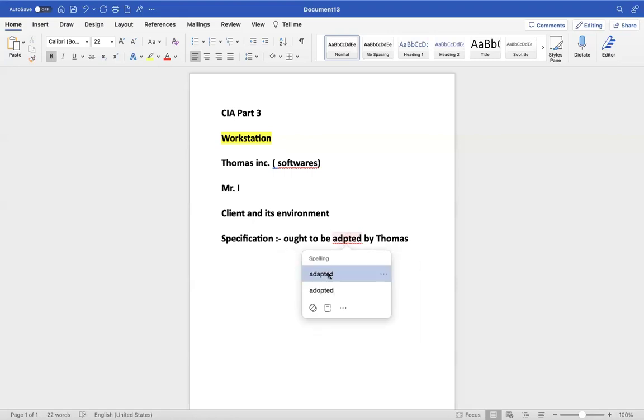What sense? It needs to comply with the guidelines stipulated by the government and by the industry standards. These guidelines have already been put in place by the senior management, the board of directors of Thomas Inc. But Mr. I, who is the internal auditor for Thomas Inc., first needs to have a clear understanding of the workstations of Thomas Inc., as to what kind of specifications are involved.